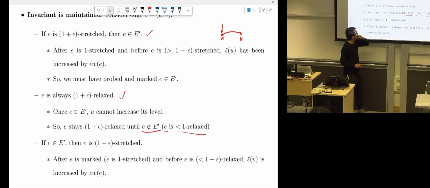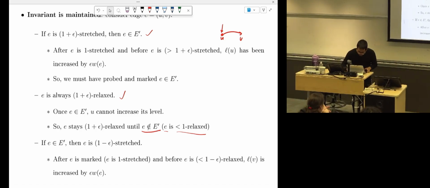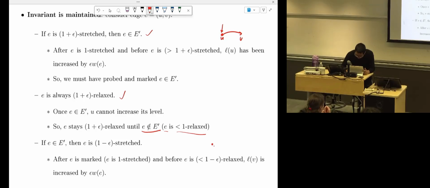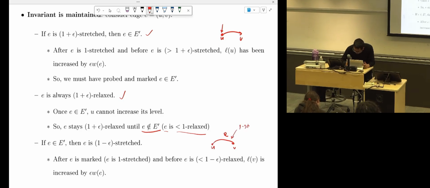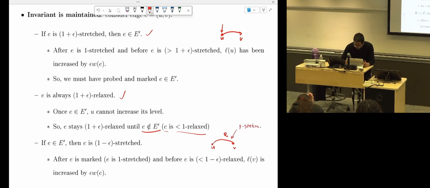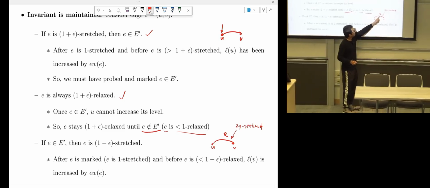Okay. So why is that? Note that when E is marked, if U and V is marked, then at this point it is 1 stretch. Okay, it's at least 1 stretch when E is marked.